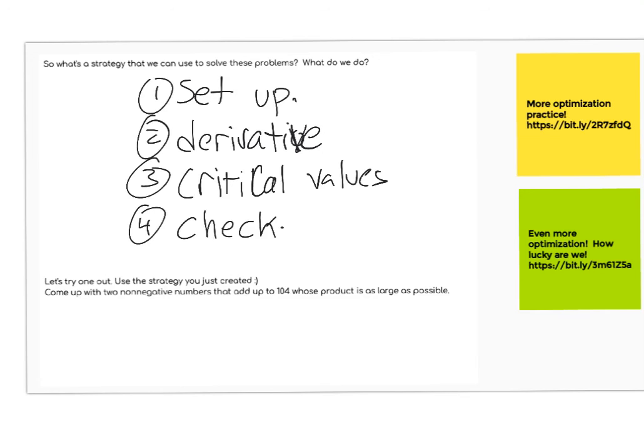I'm also going to add one warning here, and that's to check your endpoints too. Because we're dealing with things in the real world, we tend to have values that the real world tells us we can't go beyond.